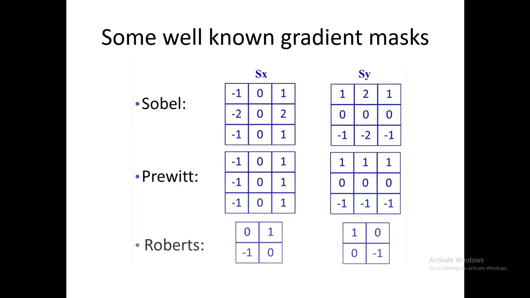In Sobel, we can see it gives importance to the center pixel, while Prewitt is just the plain operator, but Sobel considers the center pixels while taking the gradient.